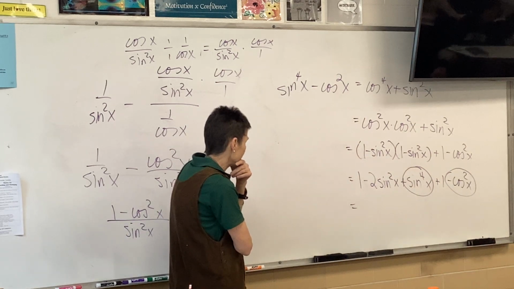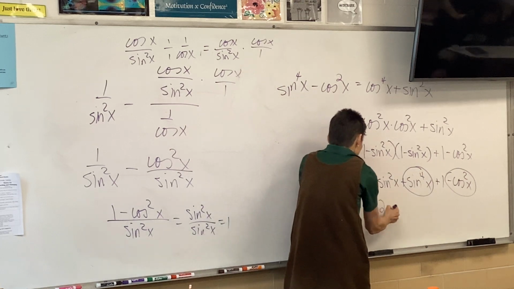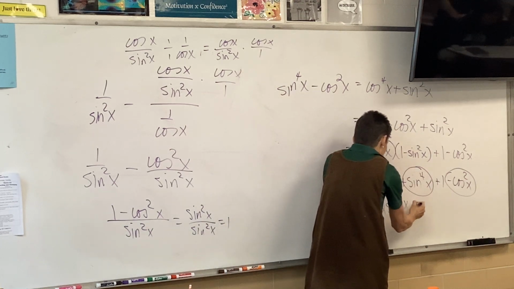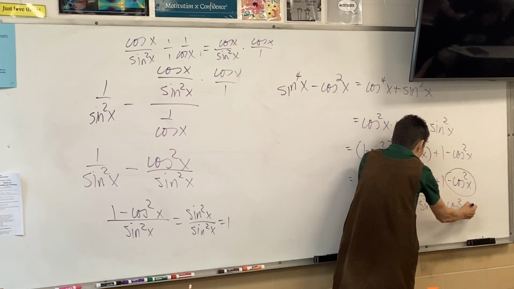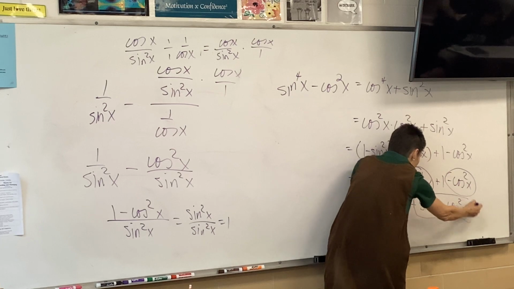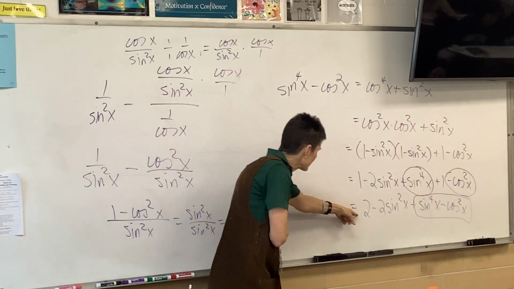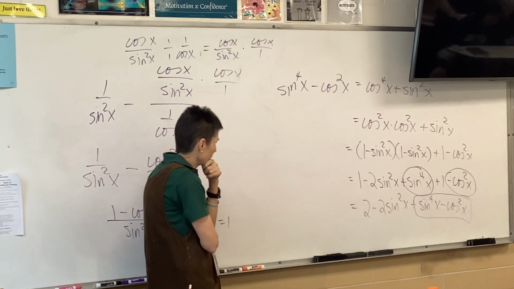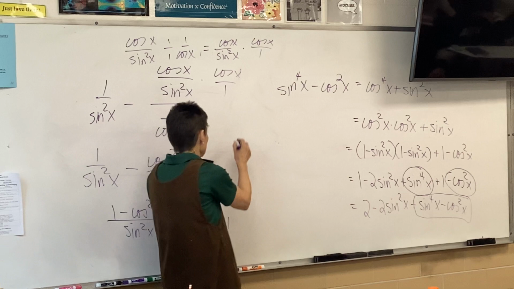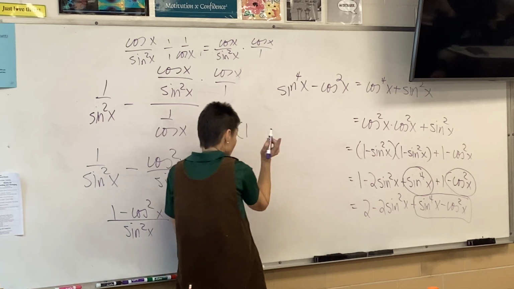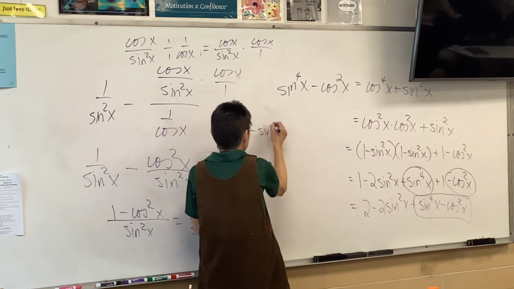What else do I have though? 2 minus 2 sine squared. Now I'm not touching this part because that's exactly what I want. What about this? What can I do with that? Factor out a 2. And that'll leave me with 1 minus sine squared.